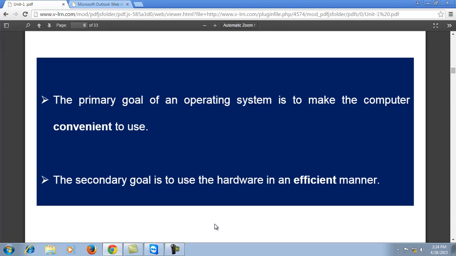In that manner, the hardware, the physical device, the mobile, is not efficiently used. These two goals are achieved by the operating system, and we want to achieve them by using an operating system.